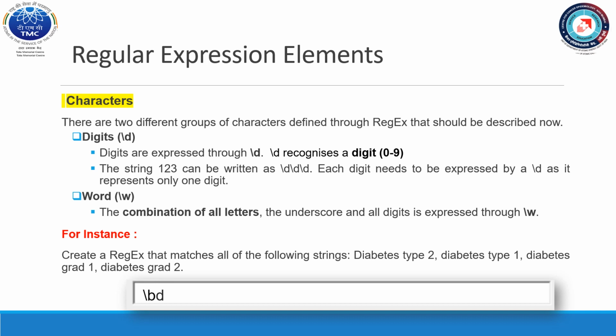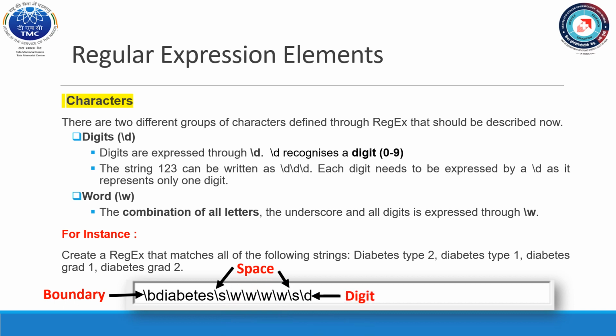The regular expression is \bdiabetes\s\w\w\w\w\s\d. \b is used to define the boundary of a string, \s a space within a string. \d is used to define digits 1 or 2. And four times \w is used to define the four letter words type or grade.